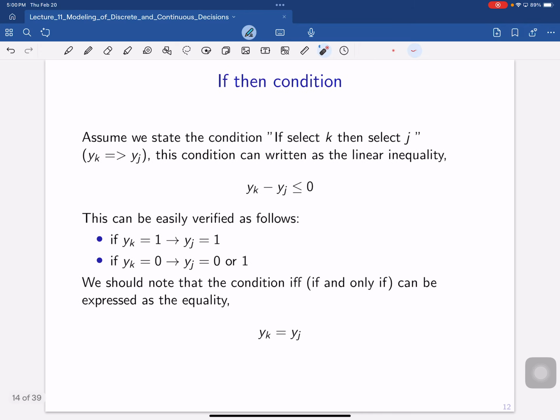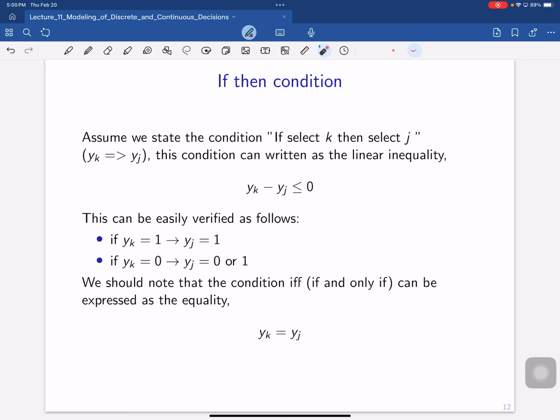Now, how do you represent if-then conditions? If I select reactor A, then I don't select reactor B. Or if I select reactor A, I need to choose distillation column C. How do you represent these logic conditions using 0-1 variables? The logic condition is, say, y_k implies y_j.